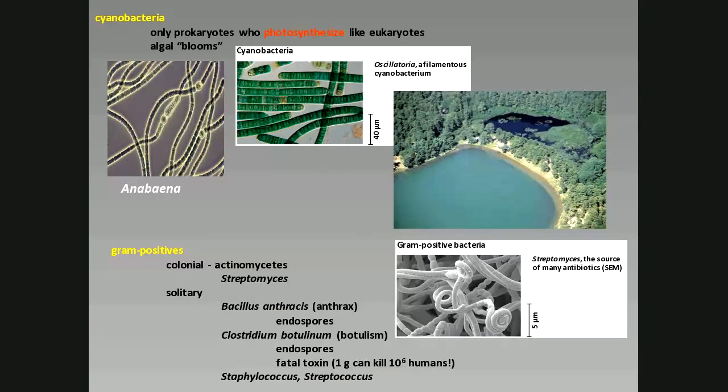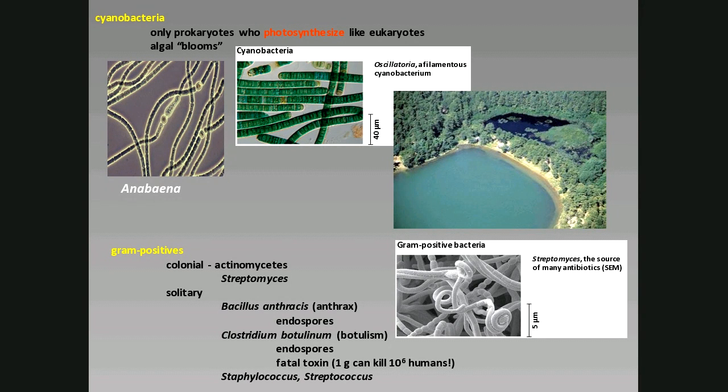The gram-positives, there are colonial versions, the actinomycetes like Streptomyces, which is a very important source for antibiotics. Now again, let me remind you, when we talk about colonial, prokaryotic cells are considered unicellular critters. We don't get to multicellular stuff until we really start talking about the animals.